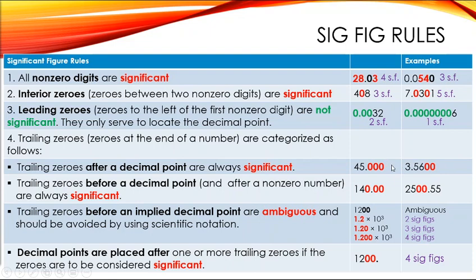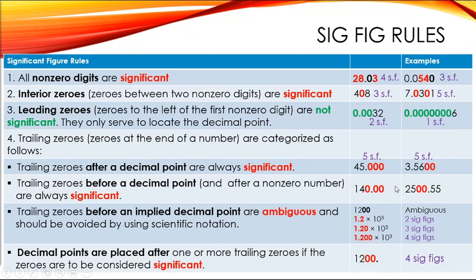If we look at this 45.00, those trailing zeros count, so we're looking at 5 significant figures. This 3.5600, with all those zeros after a decimal point that have significant values in front of them, you can be looking at 5 sig figs. And here at 140.00, that 0 is trapped between that 4 and that decimal point, so you can call it a trapped 0.